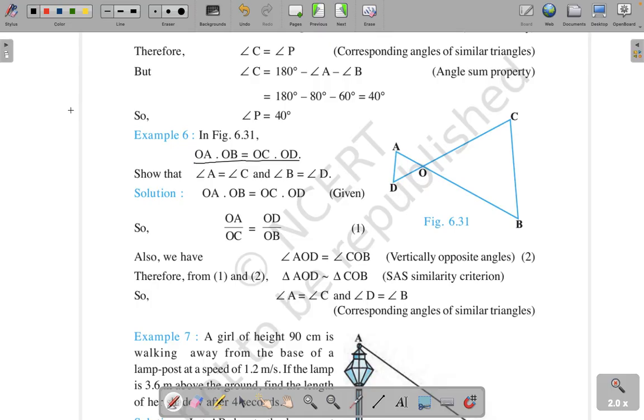So we swap the sides so that we get the ratio of the sides. So you have OA, right? So you can have two triangles, OAD, right? The other triangle can be OCB.